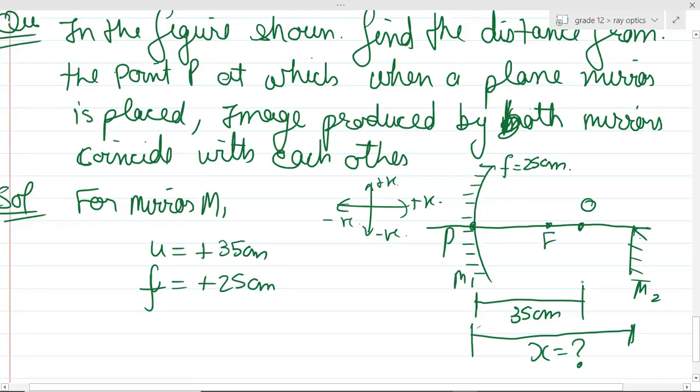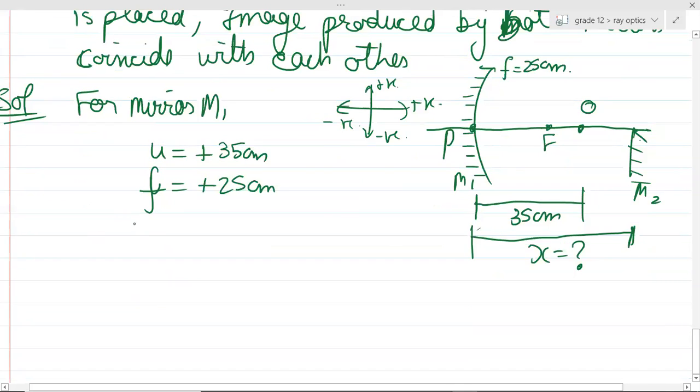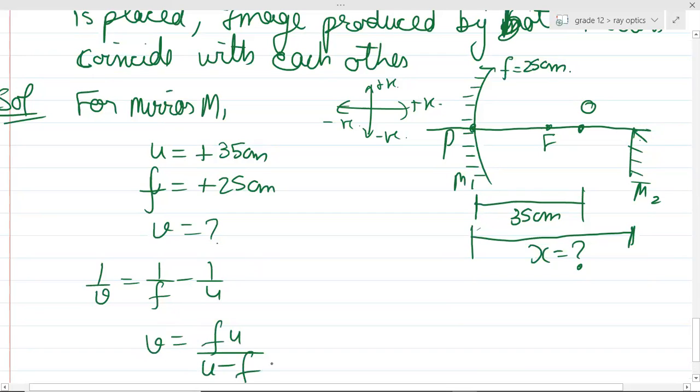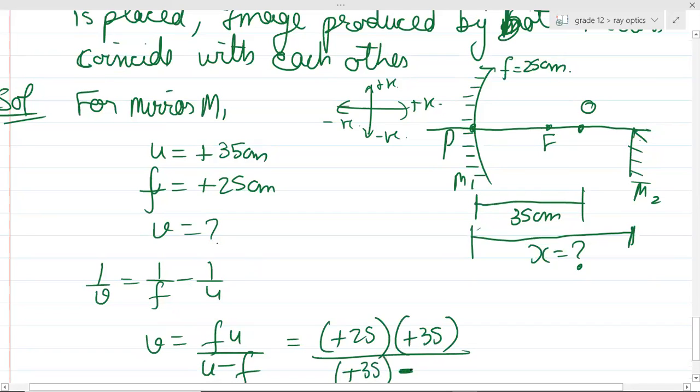So now you need to calculate v. 1 by v is equal to 1 by f minus 1 by u. Shall I use this again or is it fine? v is equal to f u over u minus f. So f is plus 25, u is plus 35, and u minus f is plus 35 minus plus 25.